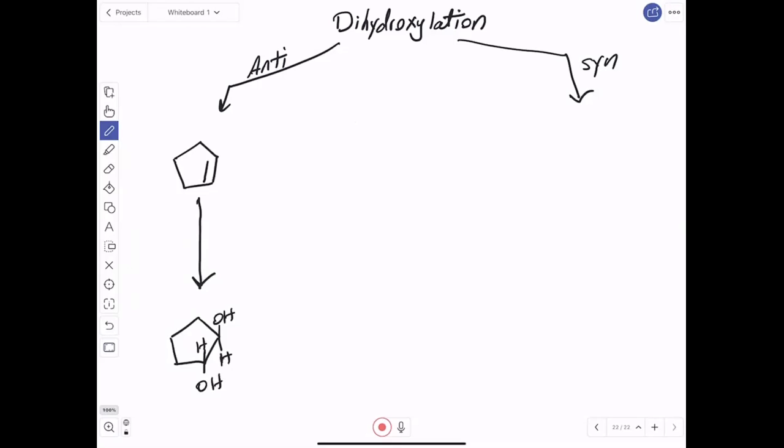Reagents that we need for anti-dihydroxylation. Step 1, a peroxy acid, RCO3H. Step 2, acid and water. It's a 2-step reaction. When we add peroxy acid in the first step, an epoxide will form.